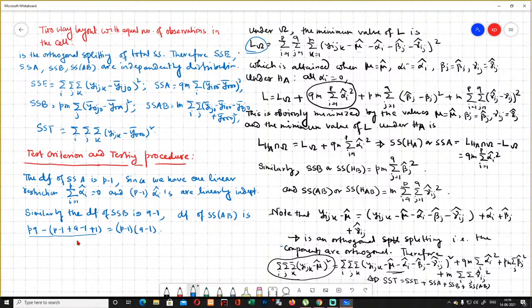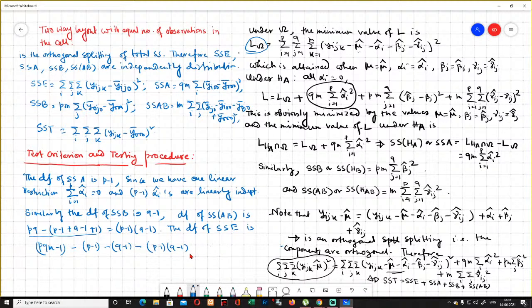So the degrees of freedom of SSAB is this, and the degrees of freedom of SSE, because of orthogonal splitting, is the total degrees of freedom minus the degrees of freedom of SSA, this is for SSB, and this is for SSAB.